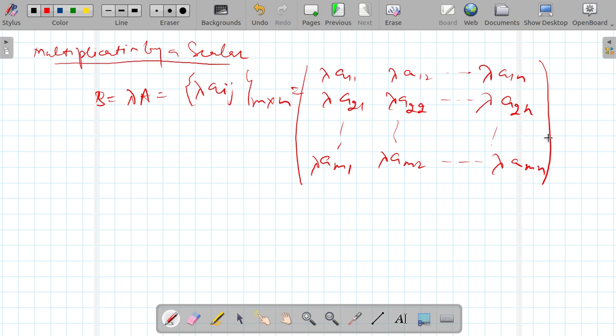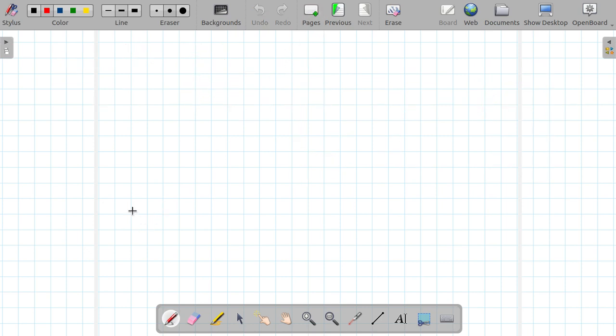Then next is a very interesting topic, that is matrix multiplication, and this suggested the use of matrices in quantum mechanics. So let us talk about matrix multiplication, which is also known as the inner product.